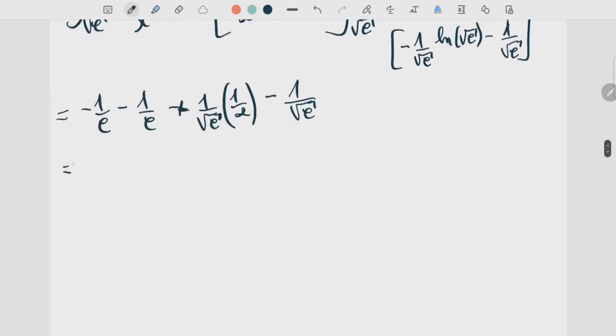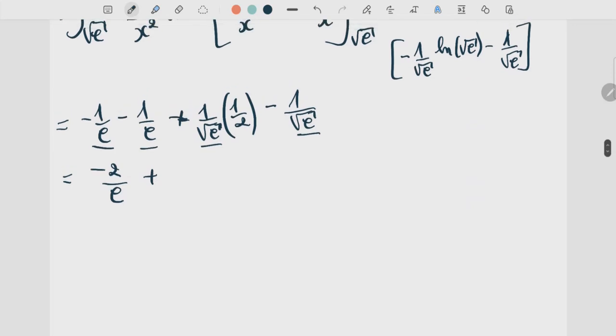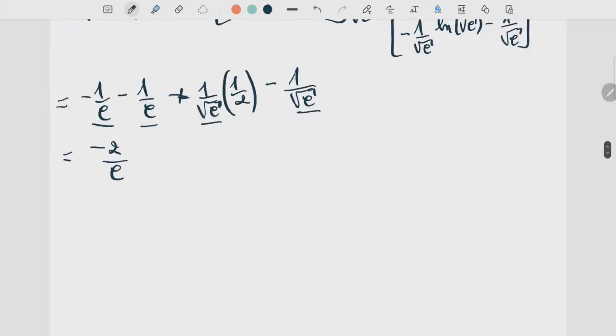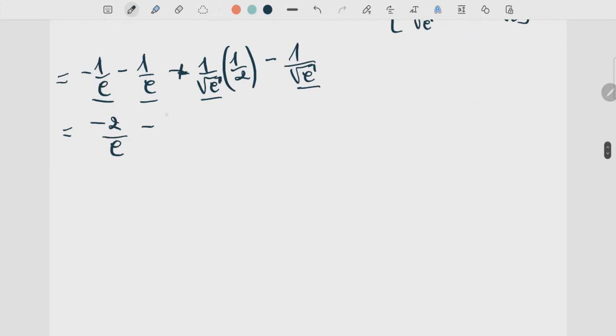Simplifying further, these two are common, so we have negative 2 over e. And these two are common as well, so that should give us plus, or rather minus, sorry. That would be minus 1 over root e.